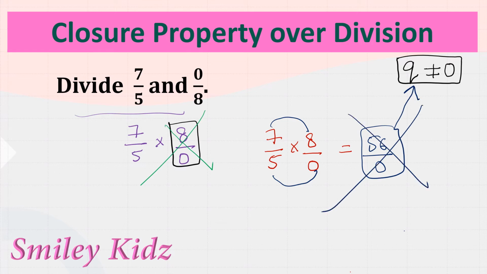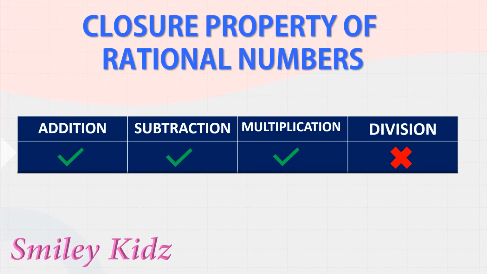So this is not a rational number. What can we conclude here? We can conclude that rational numbers are not closed under division. We have successfully finished the fourth block as well.